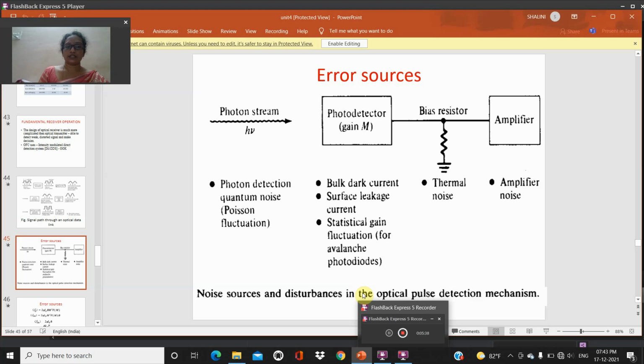Photo detection quantum noise, or Poisson fluctuation.